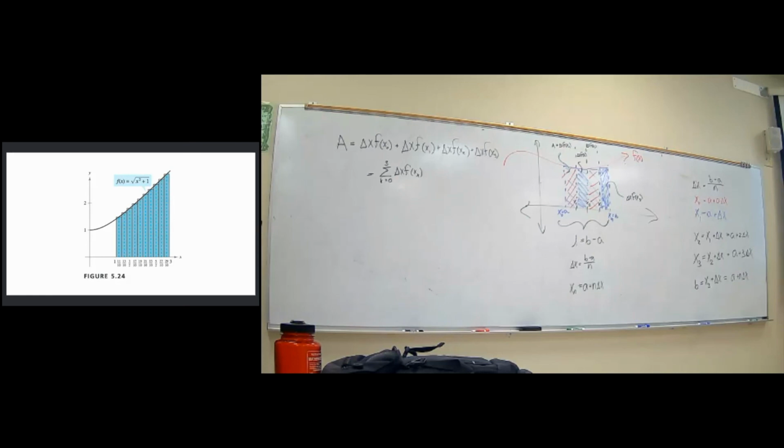That's what's represented down here. Then you're going to say, take each of these, plug them into our function. Take each of those solutions, add them together. Then multiply by delta x.